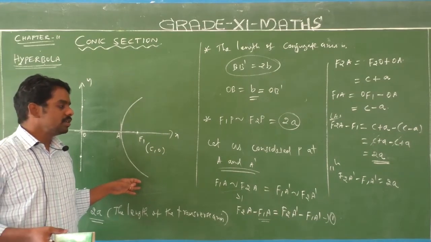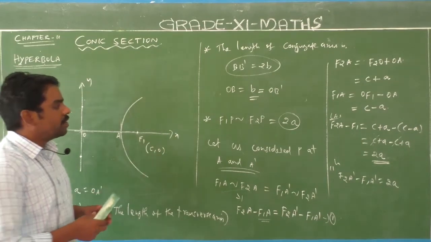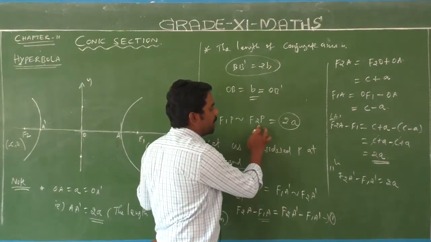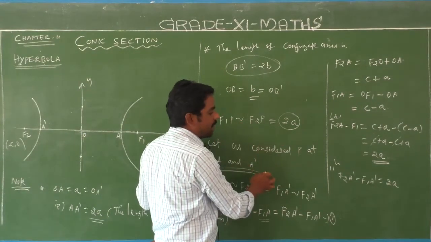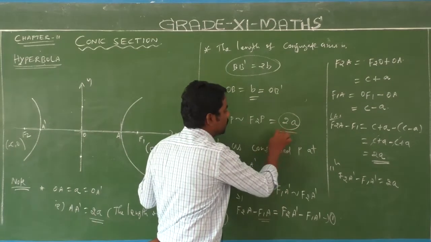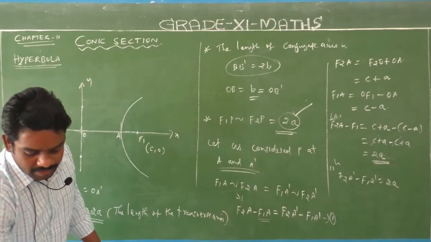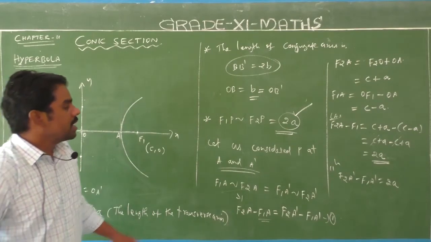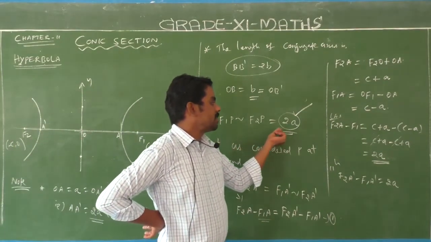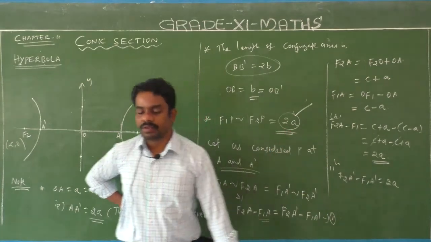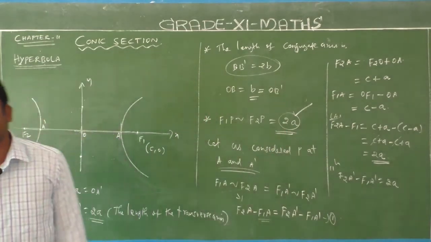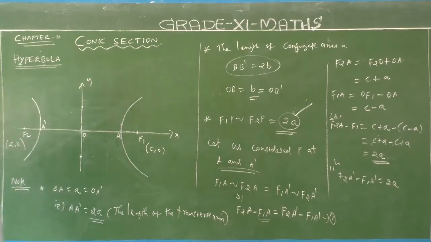Therefore the difference F1P minus F2P is equal to 2a, for P at A or P at A dash. This is a very important result. So the difference F1P minus F2P is equal to 2a, and 2a is the length of the transverse axis. Okay, right.